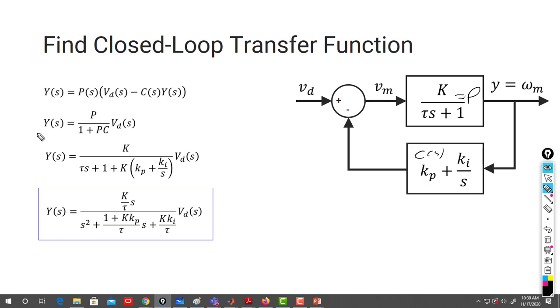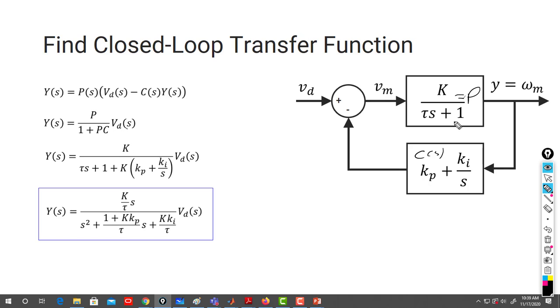If you wish, then you can find y over vd, y over vd equal P over 1 plus Pc. Forward over 1 plus loop, negative feedback, P over 1 plus Pc. Then they replace P and C by their value.